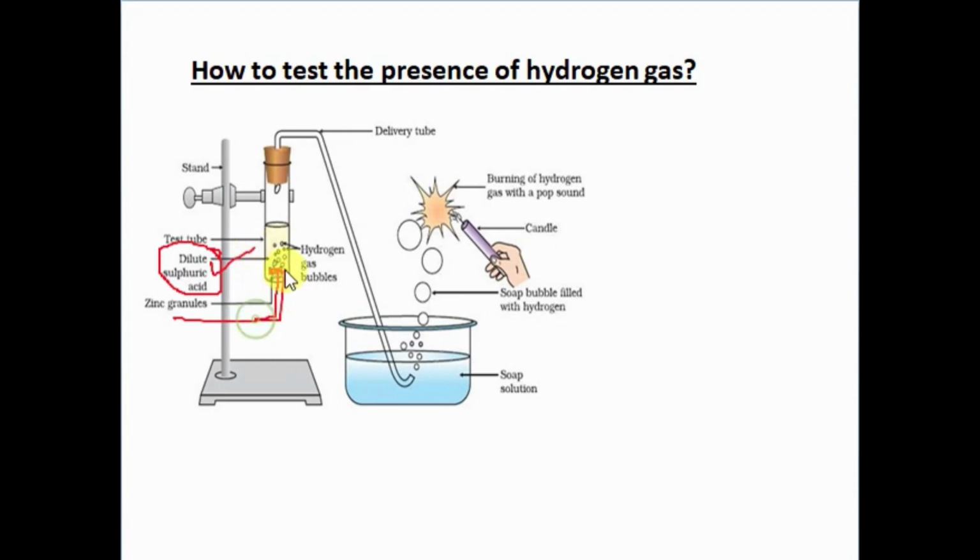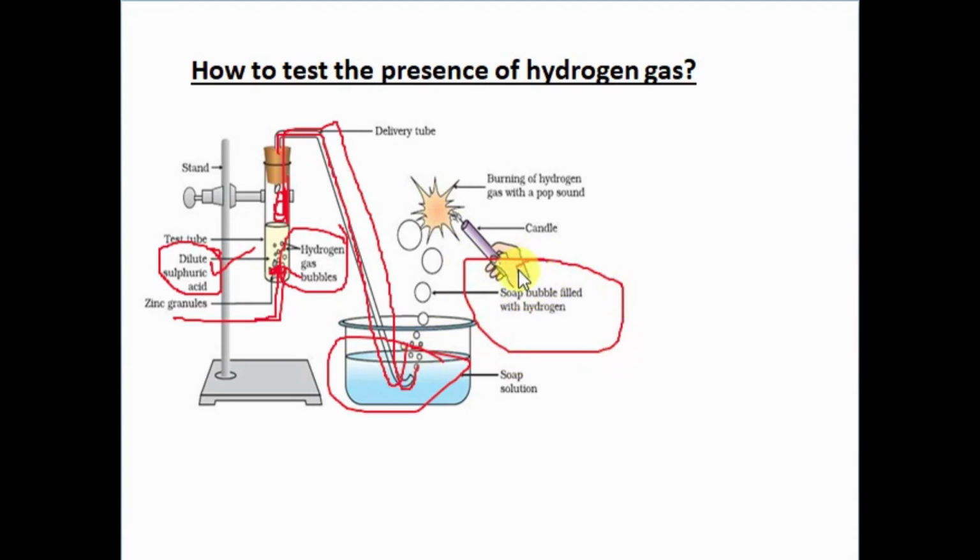When this reacts with metal, hydrogen bubbles will be formed. Hydrogen bubbles are formed here when the metal and the acid react. A delivery tube has been attached here, and here we have soap solution. The hydrogen gas produced here passes through the delivery tube into the soap solution and forms bubbles filled with hydrogen.